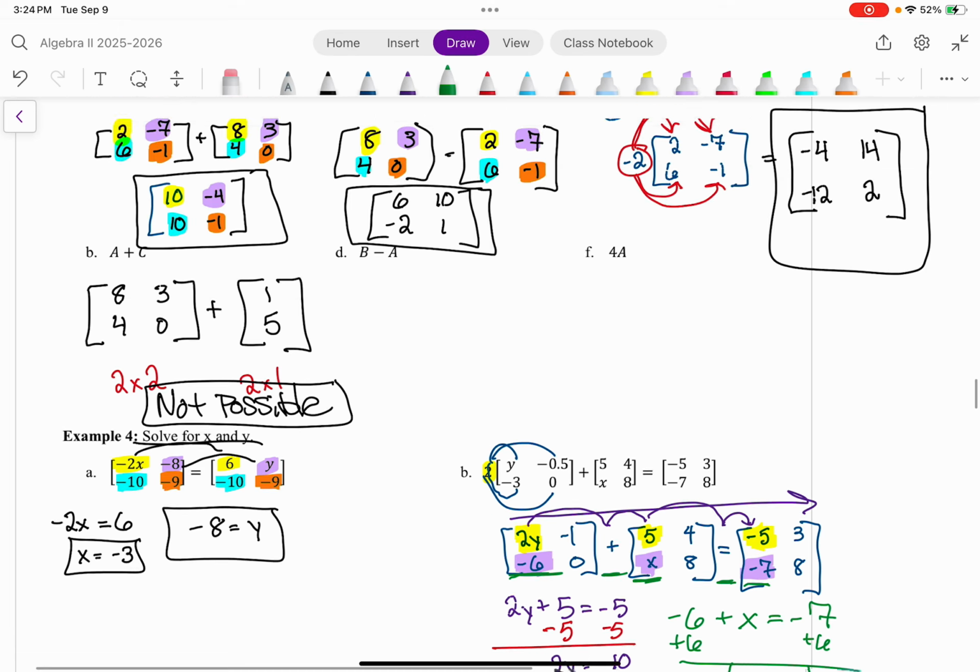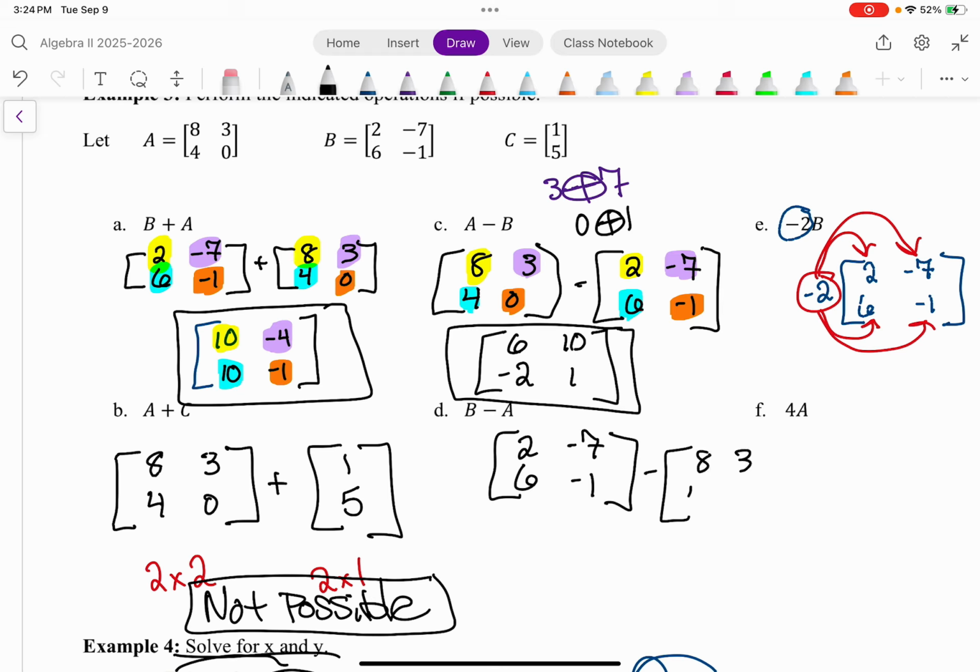All right, so for example D, we're going to take matrix B minus matrix A. So for B, we have 2, -7, 6, -1, minus matrix A, 8, 3, 4, 0. Okay, when we're subtracting, again, we're going to subtract the entries from the same location.